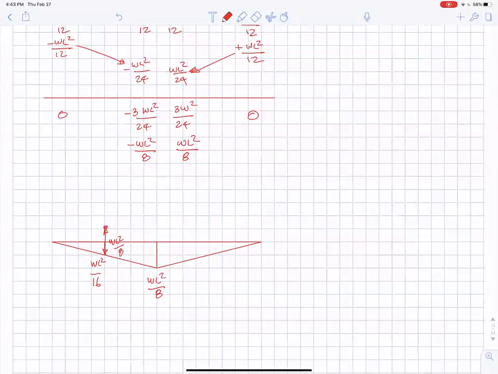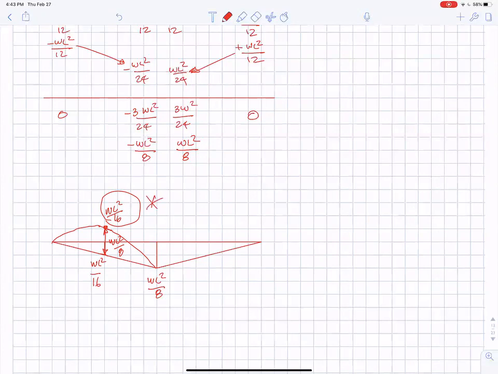And I knew that was going to end up at WL squared over 16 in the middle. And that's how I used that number. And then I also knew that this slope was parallel to this slope, and I knew it was going to be slightly higher to the left of that, but I called it good, and I used that.